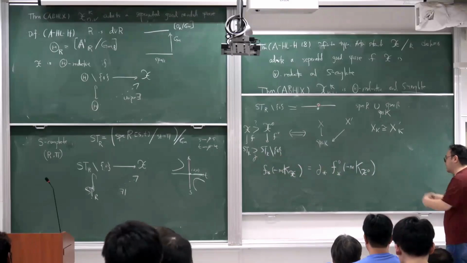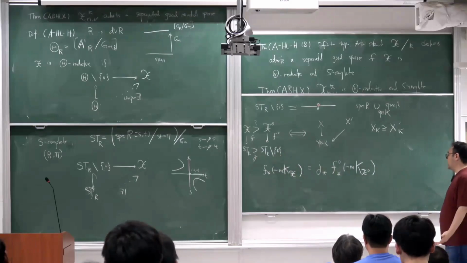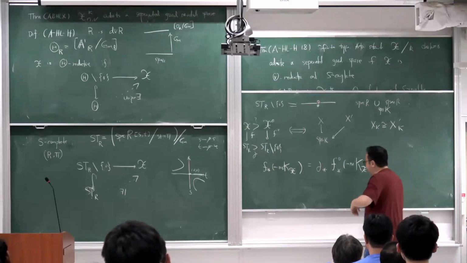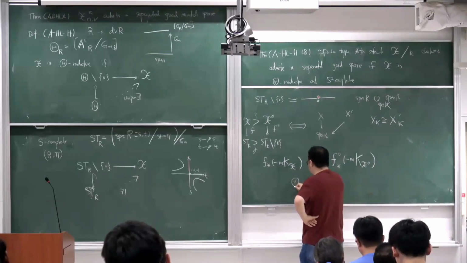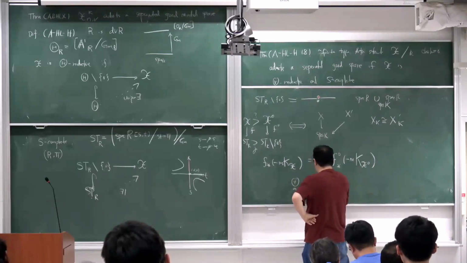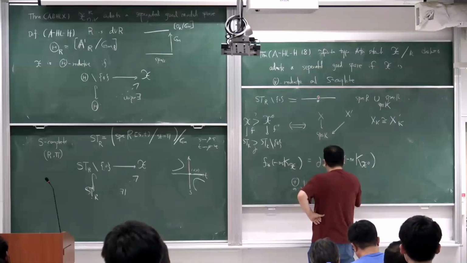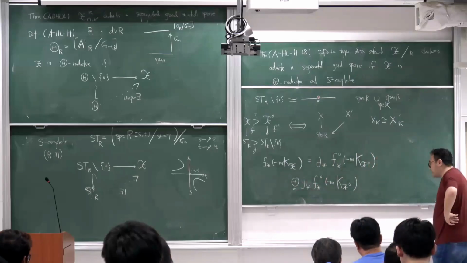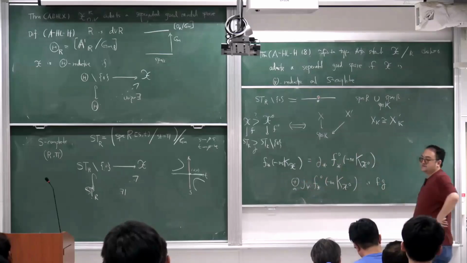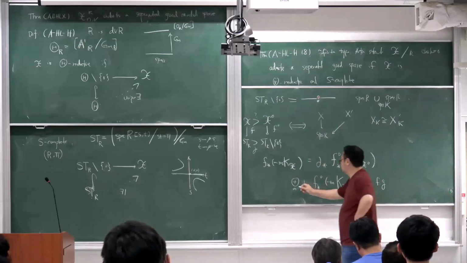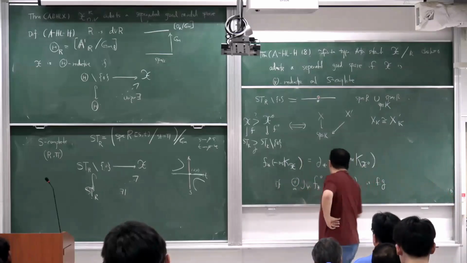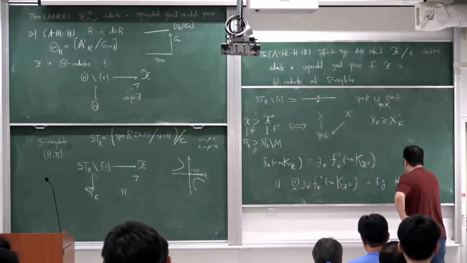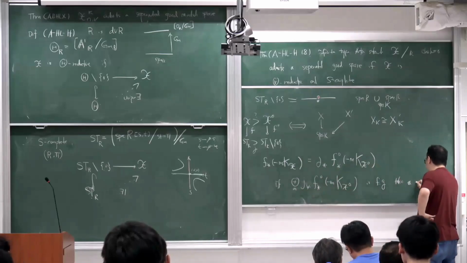So now we have this information. So what we need to show, we need to put all this j f lower star minus mK_X0 together. And if we can show this is finitely generated, then we can take Proj.